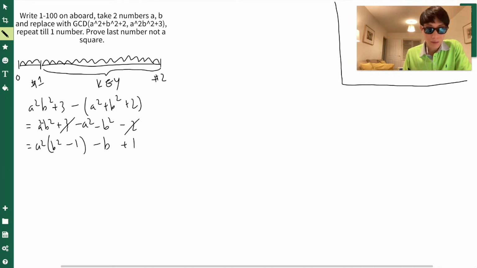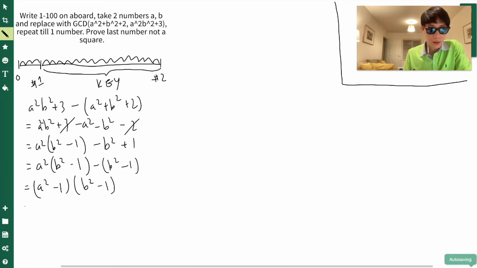And this is going to be minus b squared here. Well, this is equal to b squared. If I factor out the negative here, it's going to be equal to b squared minus 1 over here. And this also has a b squared minus 1. And then we can factor out the b squared minus 1 from this. So this is equal to a squared minus 1 times b squared minus 1.